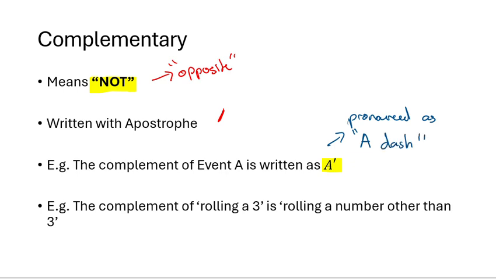Okay. Now, an example that I have is, okay, if my event A is rolling a three, then the complement of rolling a three just means rolling a number other than three. Okay, so what's my chance of not rolling a three? And then that would be your A dash right here. Okay.